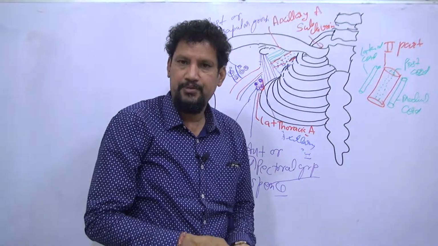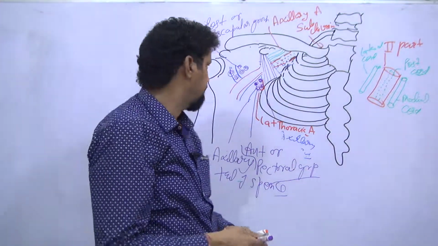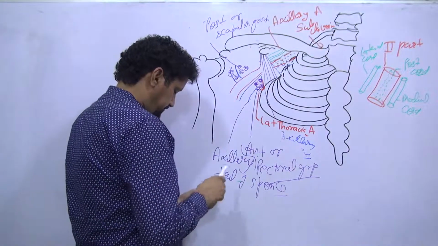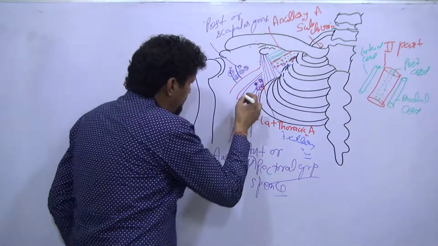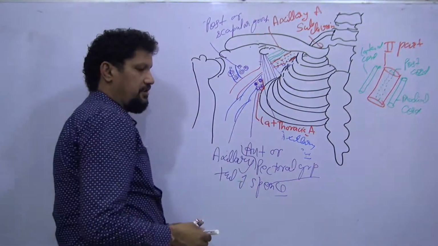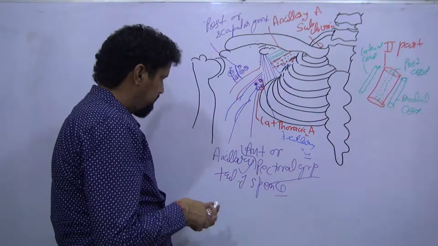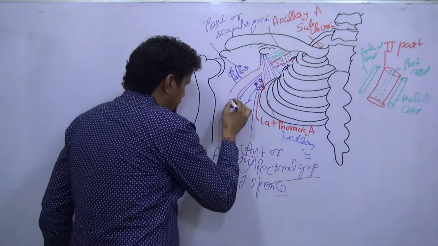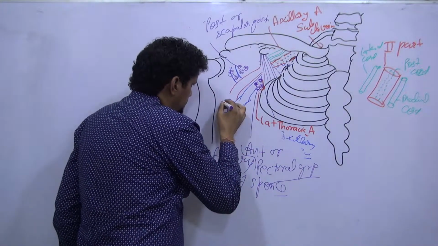The lateral group, also known as the brachial group. This group is behind the axillary artery and axillary vein.